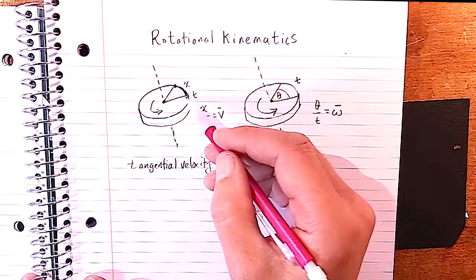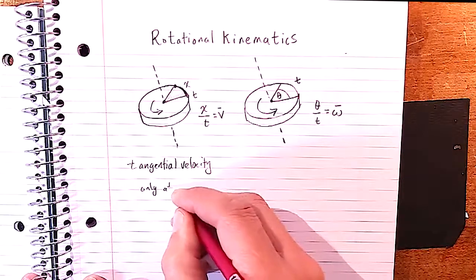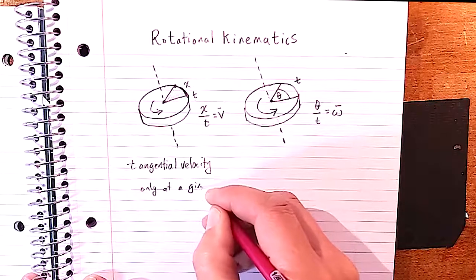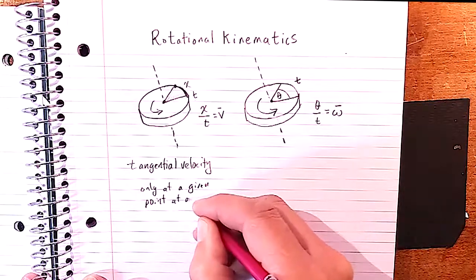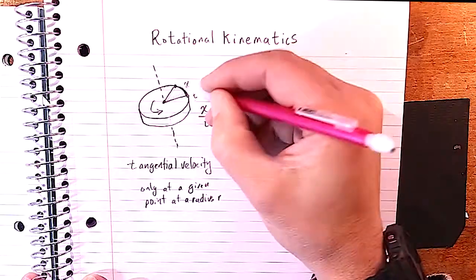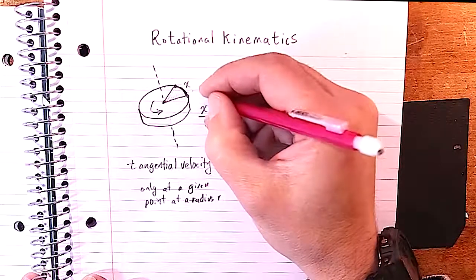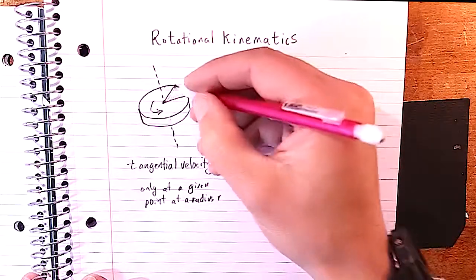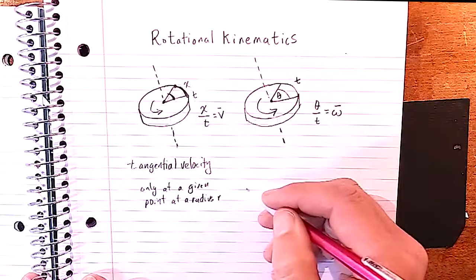So one thing that we have to be careful about here is that the velocity that is tangential is only at a given point at a radius r. So in other words, this velocity or speed at this point would be much faster way out at the edge than would be a point that's carving out this section right here.